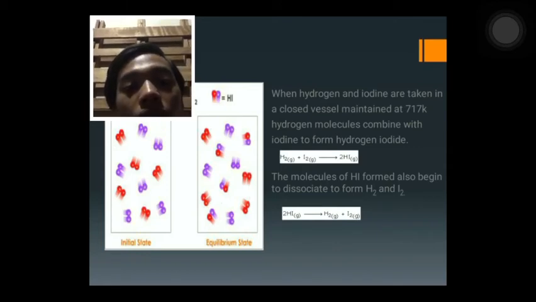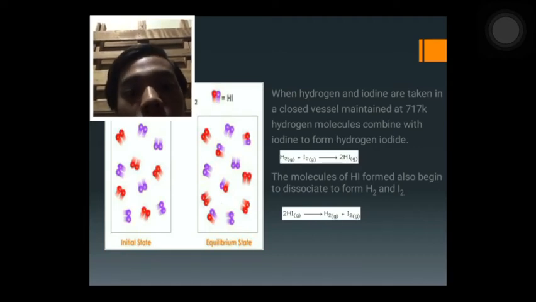The hydrogen iodide molecules formed also begin to dissociate to form H2 and I2, gas hydrogen and gas iodine.